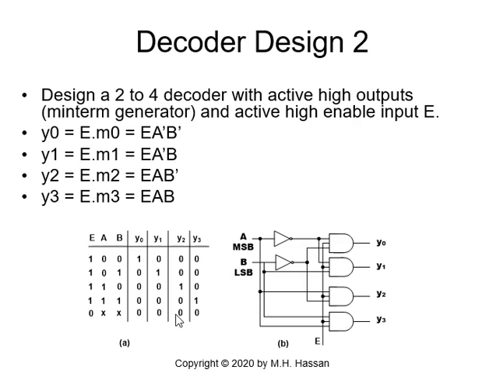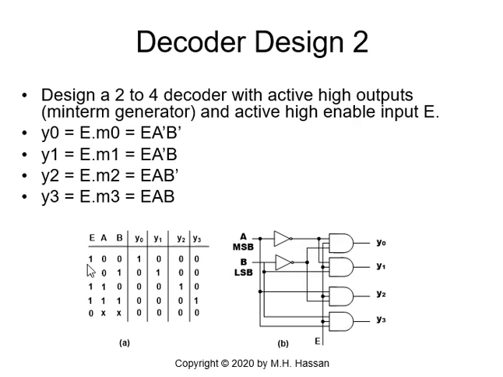So you get 0, 0, 0, 0, none of them is active. Now if enable is 1, and I have 0, 0, Y0 is 1; 0, 1, Y1 is 1; 1, 0, Y2 is 1; and 1, 1, Y3 is 1. Conditionally, E has to be active, 1. Once it is 0, all the outputs will be 0, regardless of the values of A and B. So we say don't care, it does not care what values we use.